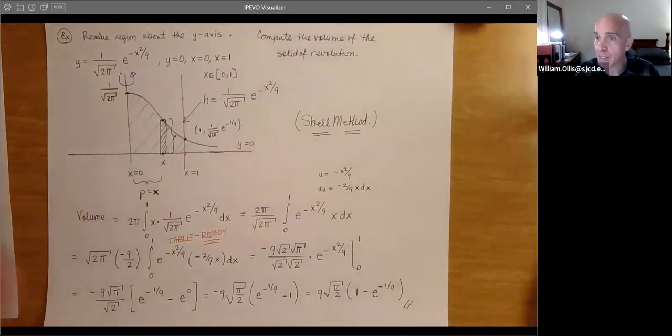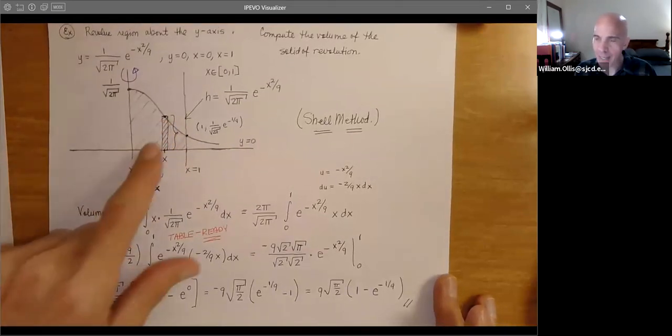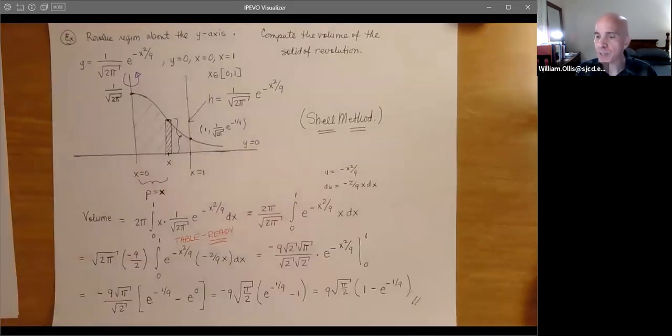And of course, you can beat this up with a lot of calculus, but that's not required for this problem. I mean, we have to do calculus to solve it, but certain calculus aspects are kind of low level. We use that college algebra to set up the problem, to get the P and to get the H. And then we move forward with the shell method.